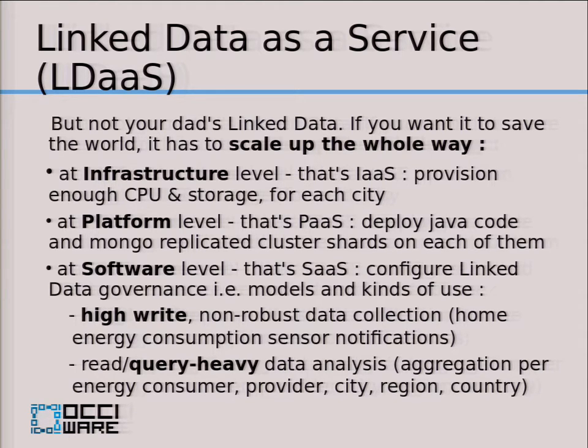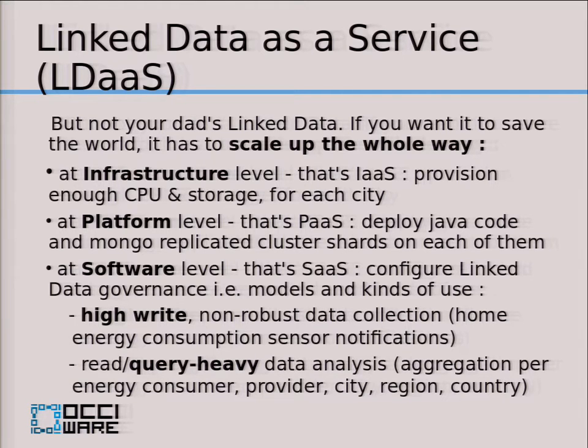At platform level, you need to be able to deploy your Java code and Mongo clusters on all nodes of the infrastructure. And finally, at software level, that's SaaS, you have to configure linked data governance, which are data models and their kind of use, and specifically two kinds of use of linked data here.